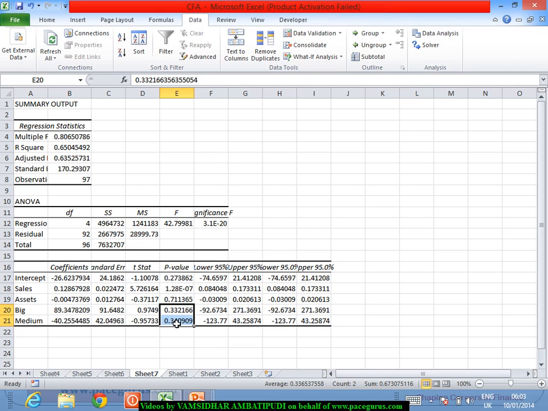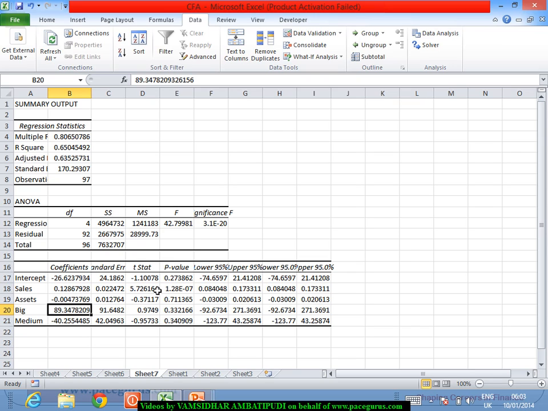Big companies make a profit of around $90 more compared to the medium and small size companies, keeping in mind the sales and assets are more or less the same. So that kind of interpretation can very well be made in case these values had been statistically significant.